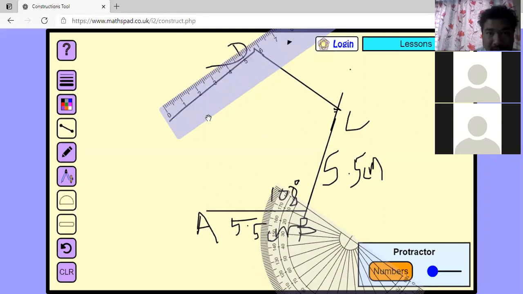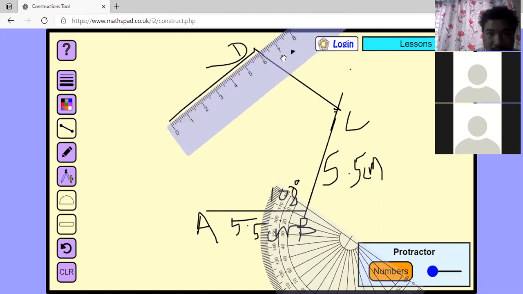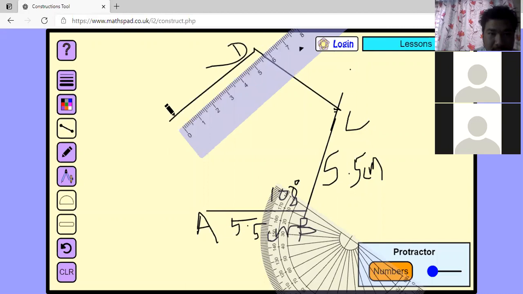Place the ruler like this. And this point will be A, B, C, D, E.